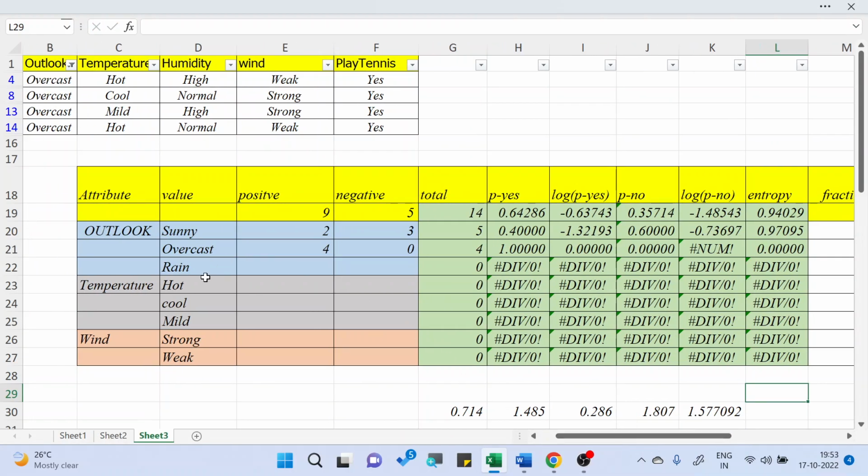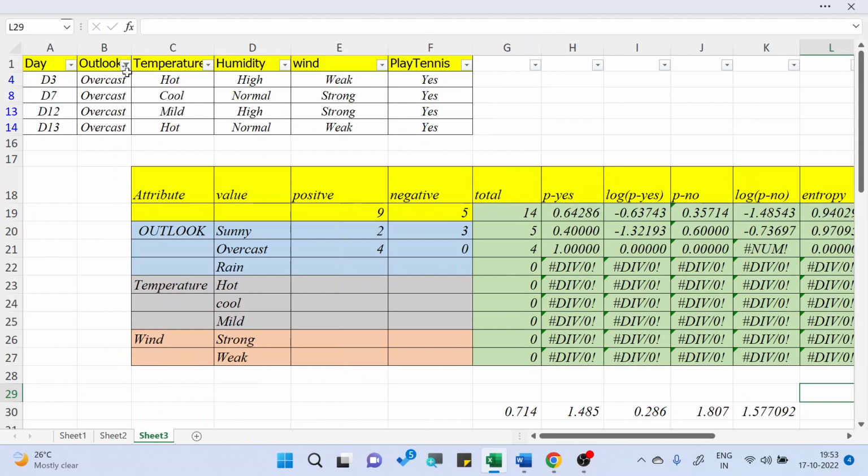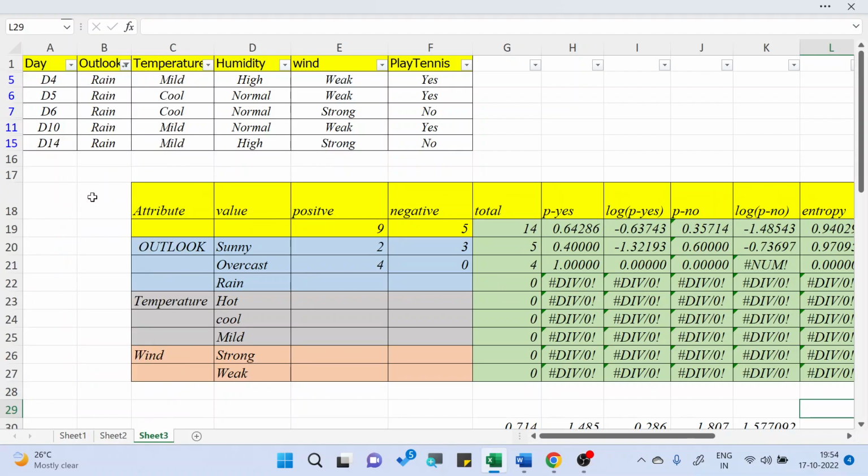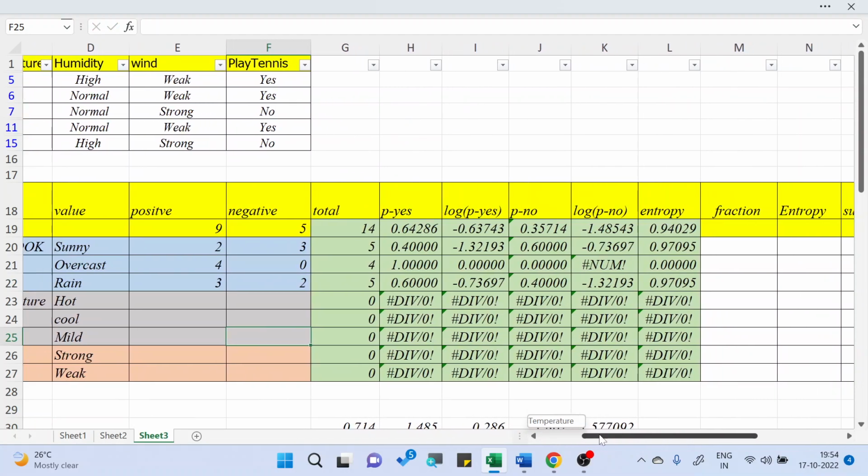Now coming to the rain. How many examples? 1, 2, 3, 4, 5. Out of 5, 3 are yes, 2 are no. So 3 positive and 2 negative. Let us calculate the entropy using the same formula.